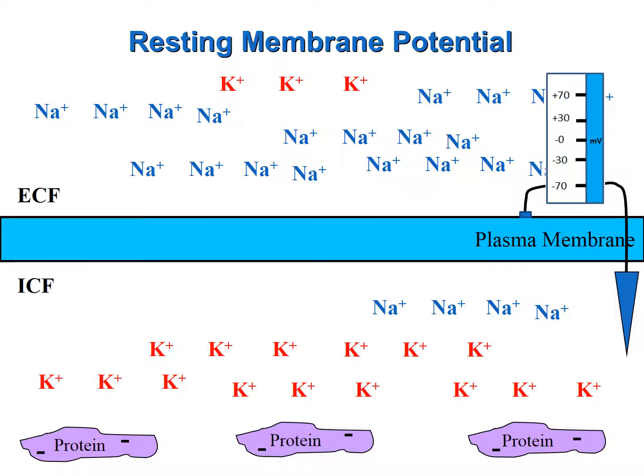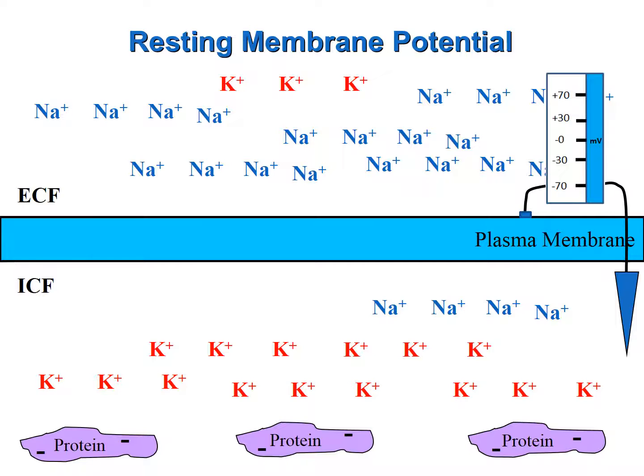Okay, so let's start at the dendrite. So we're looking at the plasma membrane of a dendrite at its resting membrane potential. So high sodium concentration outside, high potassium concentration inside, and there is a surplus of positively charged ions outside the cell compared to inside the cell at the dendrite.